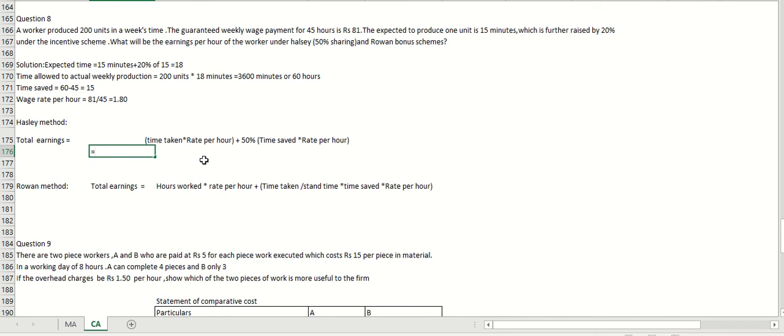So under the Halsey method, time taken is 45 hours into rate per hour, 1.80, plus 50% into time saved, 15, into rate per hour, 1.80.